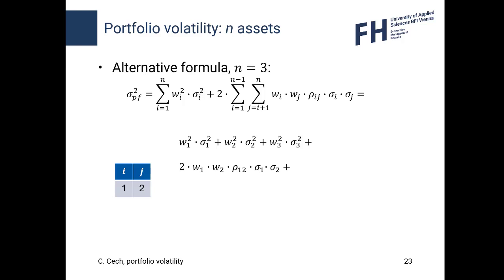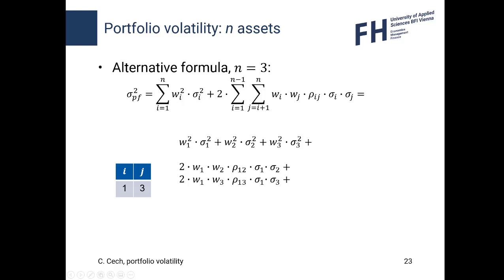We enter the respective values for I being 1, j being 2. We then increase j by 1 to 3, and then enter the respective values. j is now equal to n, so we are finished here.